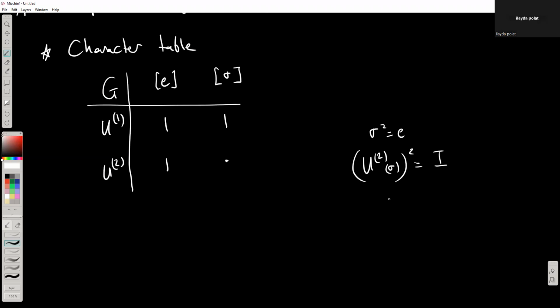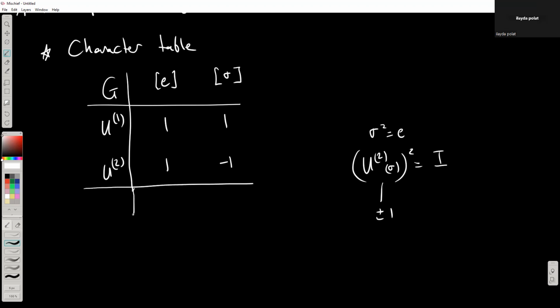But this is just a one by one matrix, and so therefore it's just a number. So that number can only be equal to plus or minus one. Okay? So that can be plus one, but in that case, I get the same thing as the first row. I mean, the second representation must be different. So therefore, the only possible thing here is for this number to be equal to minus one.